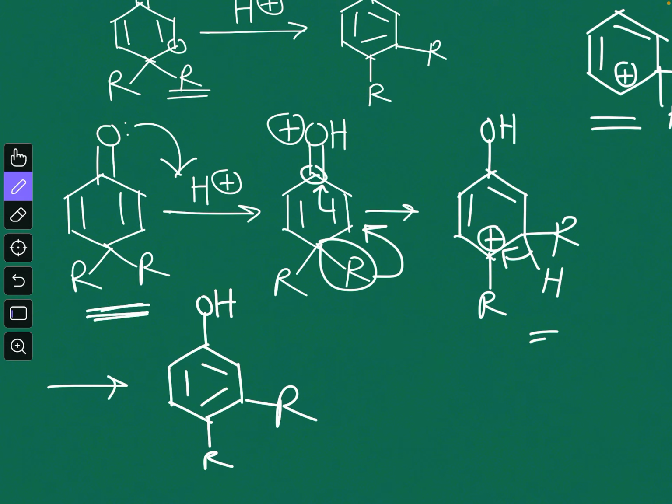It is called dienone because it has two ene and one, so diene and one, and this is phenol. That's why it is called dienone phenol, and the reason is very clear. In the first step, due to this protonation, this R group feels this pull from the positive center, and in the next step, to get aromaticity, all this rearrangement happens. So this is the mechanism.